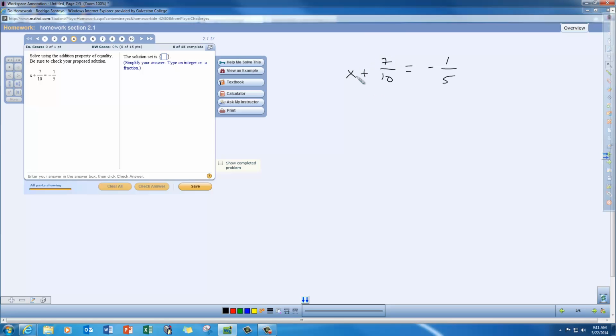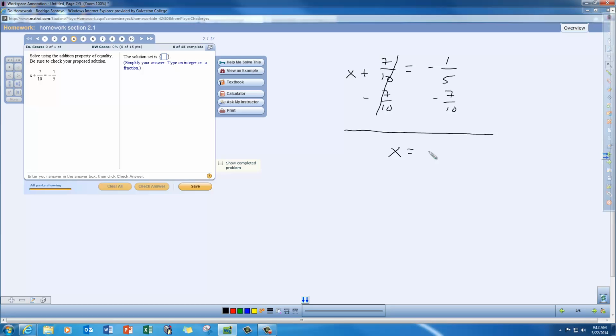We need to get rid of this constant, this positive 7/10. So we're going to do the opposite. Subtract 7 over 10. What you do to one side of the equal sign, you do to the other side of the equal sign. You see positive 7/10 minus 7/10 will cancel out. We'll be left with x by itself.